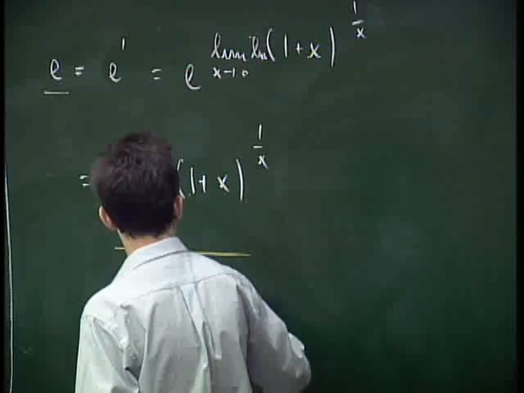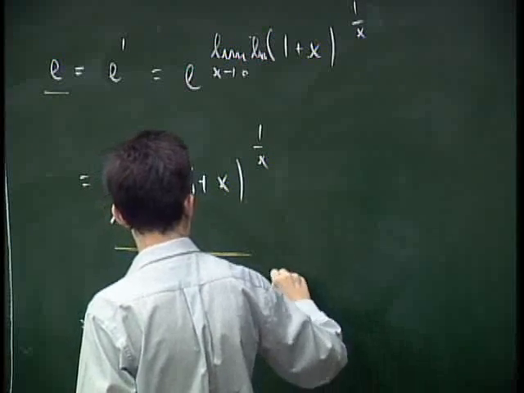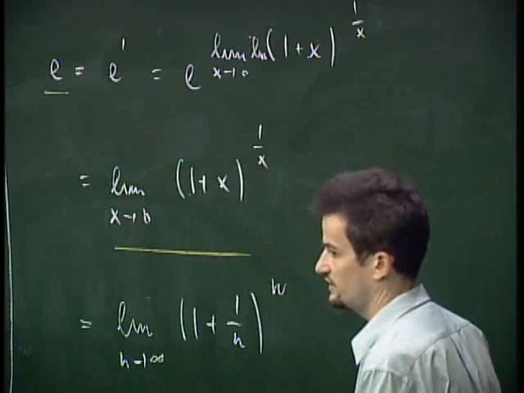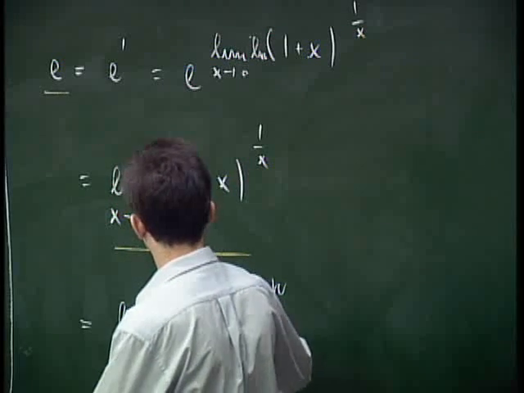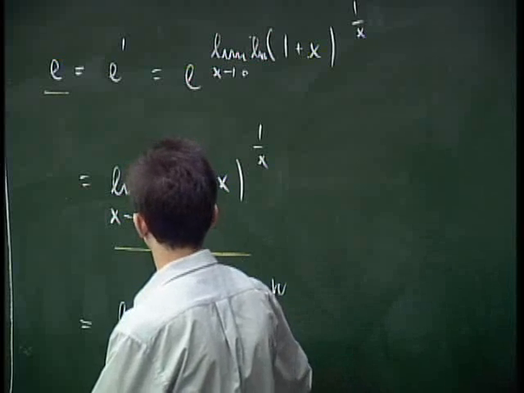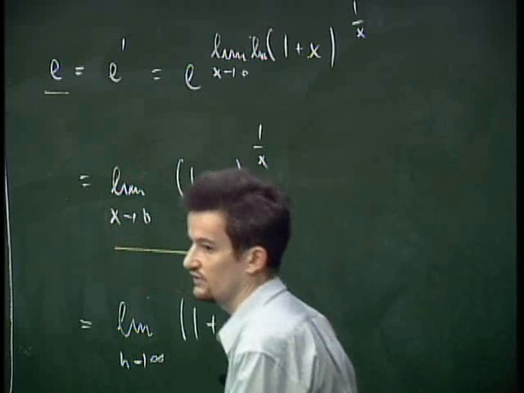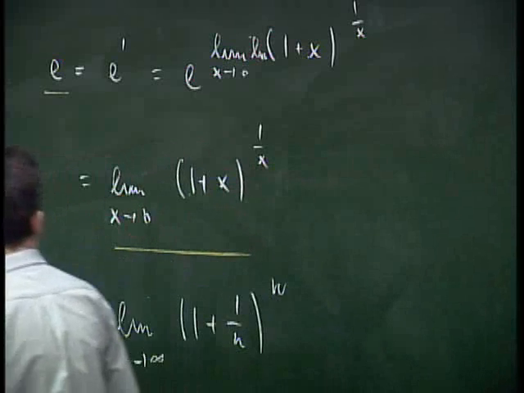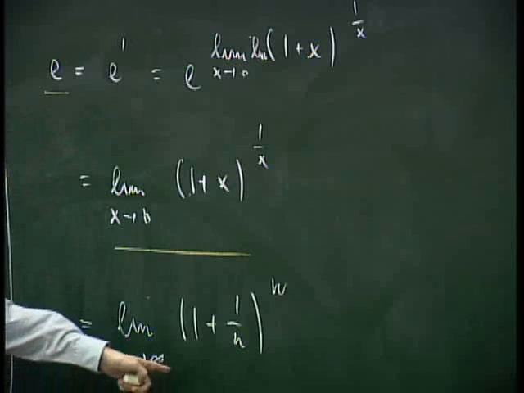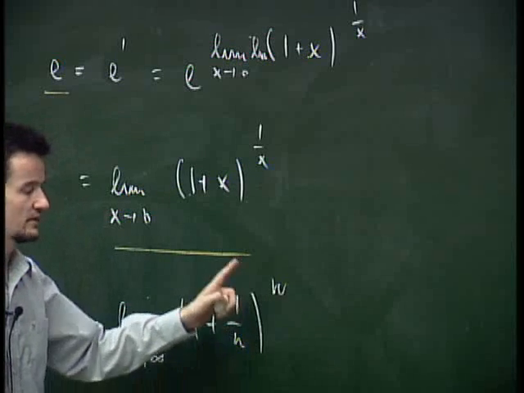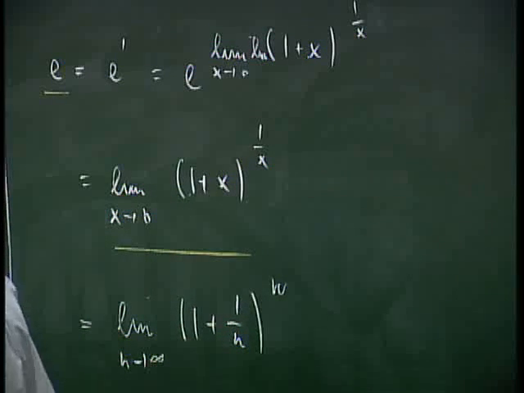You can also rewrite this, which is done in our textbook as well, in this form here. Maybe you have seen this form already in high school, because if you look at 1 over n, if n tends to infinity, then this tends to 0. So this is just the same by a change of variable. So you see that e can be represented as the limit as n tends to infinity of (1 plus 1 over n) to the n.